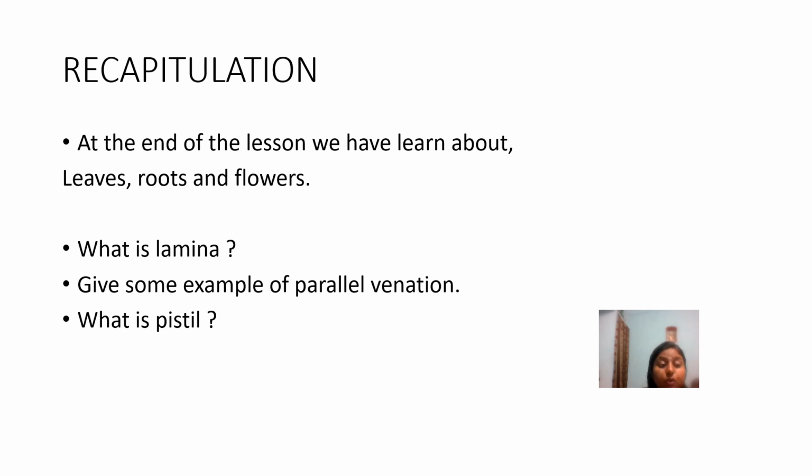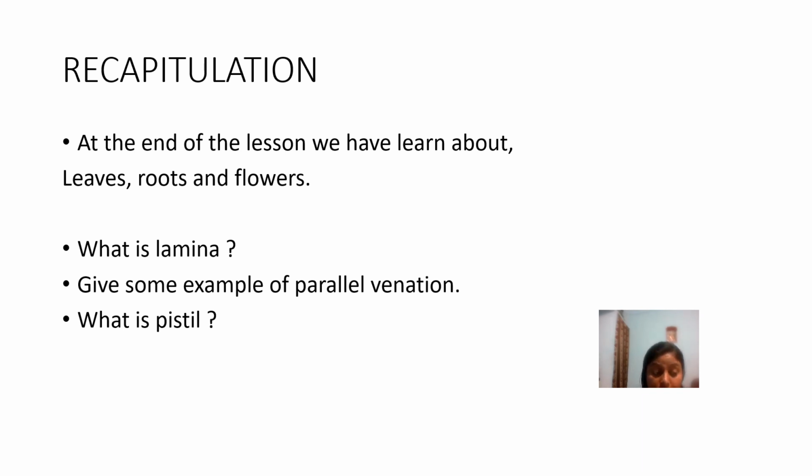In reticulate venation there is a midrib and veins. In parallel venation, the veins are parallel to one another. We saw examples of reticulate venation like peepal or mango tree, and examples of parallel venation like wheat, grass, and banana.